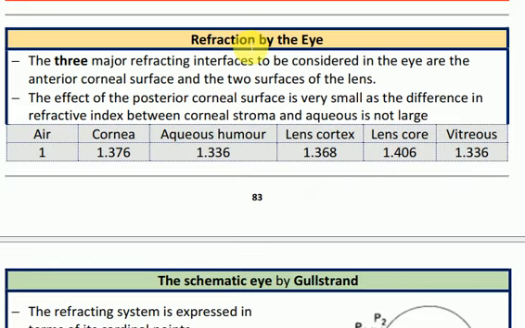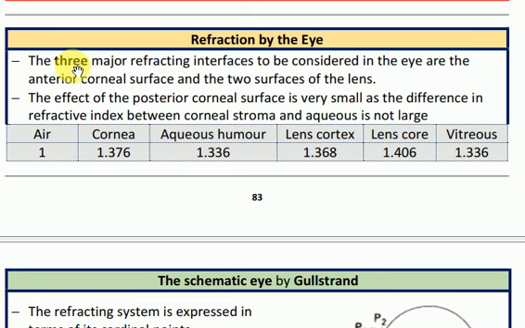Refraction by the eye. The foregoing analysis of refraction by thick lens is just one application of the Gaussian theory of cardinal points. The theory may be applied to any system of coaxial spherical refracting surfaces, including the human eye.